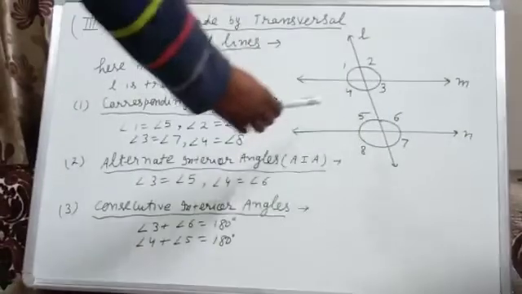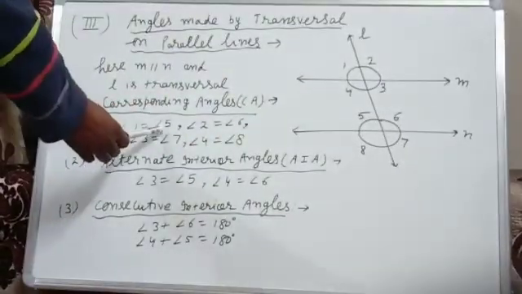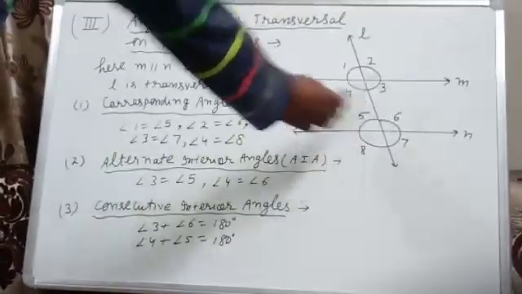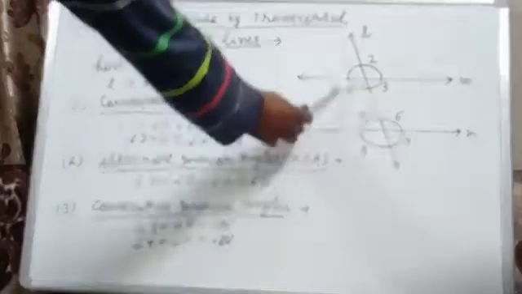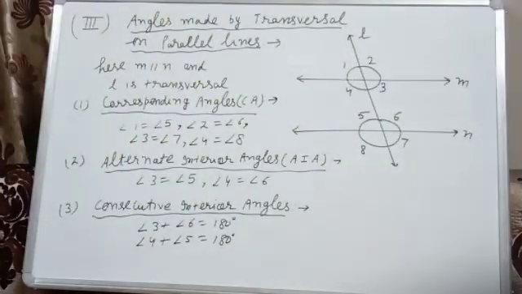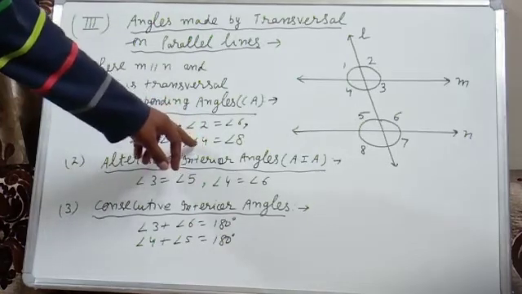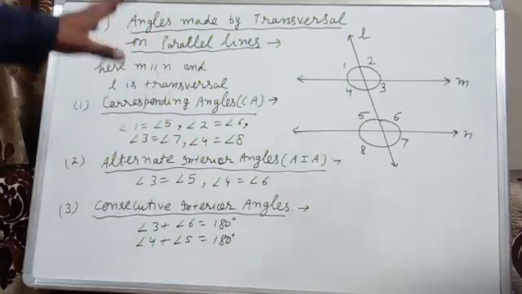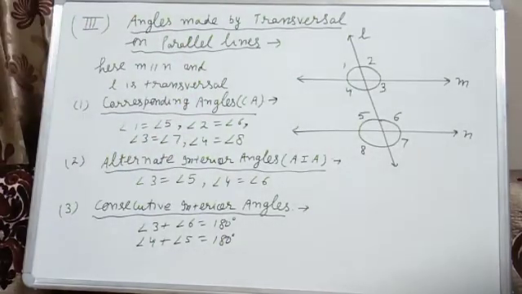These two conditions are satisfied by angle 5. So these two are corresponding angles, angle 1 equals angle 5. In the same way 2 and 6, then 3 and 7, then 4 and 8. So we have four pairs of angles here, and these are called corresponding angles. All these pairs satisfy the two conditions.